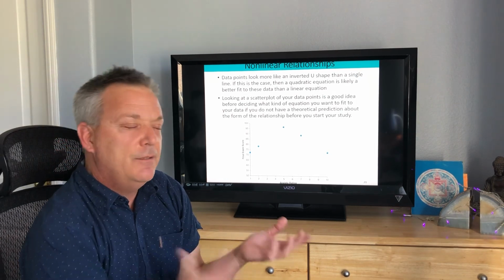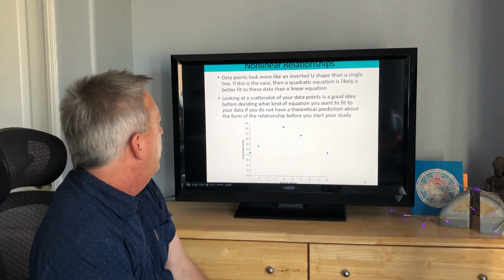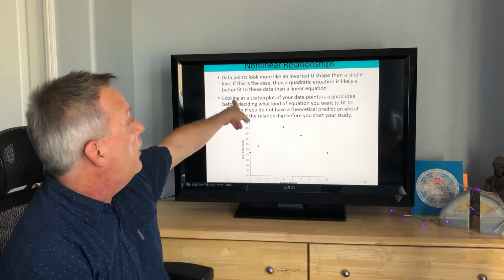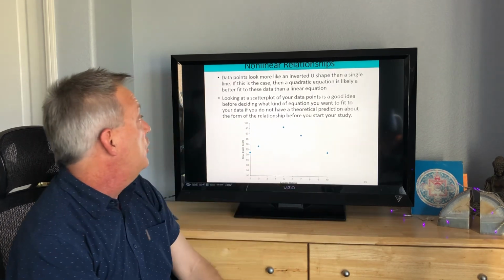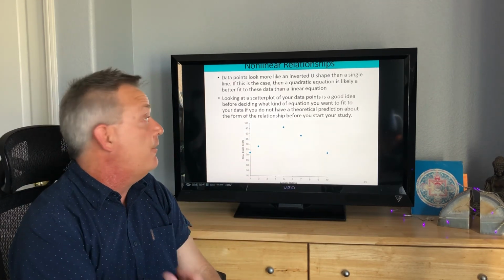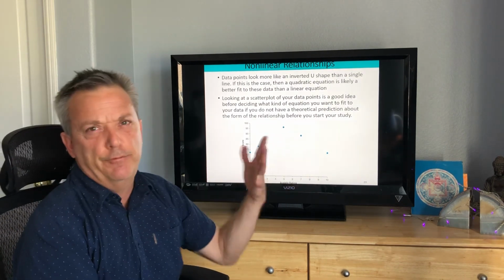You're taking this class, so you're probably not going to encounter that, so you have to refer to the formula for that. Looking at a scatter plot of your data points is a good idea before deciding what kind of equation you want to fit to your data, if you do not have a theoretical prediction about the form of the relationship before you start your study.